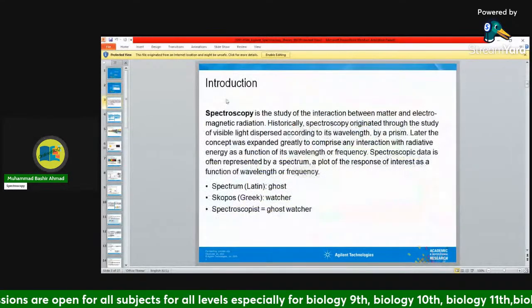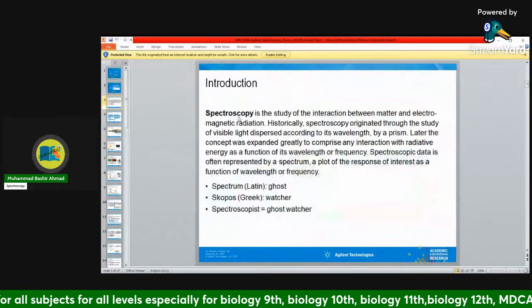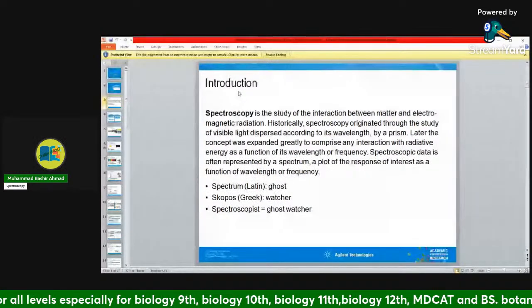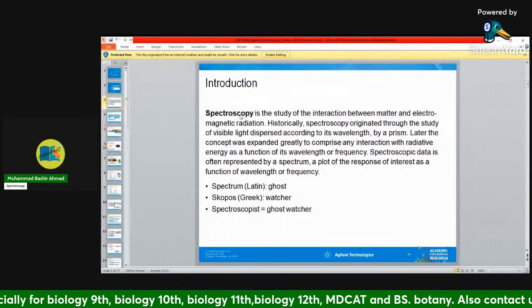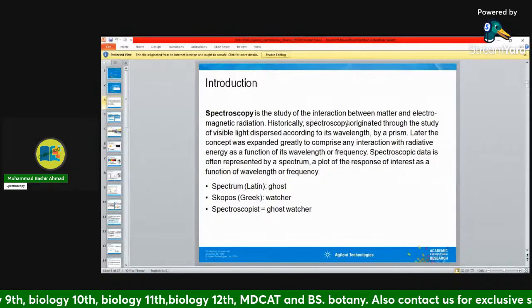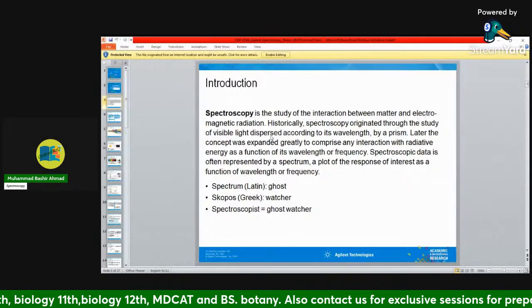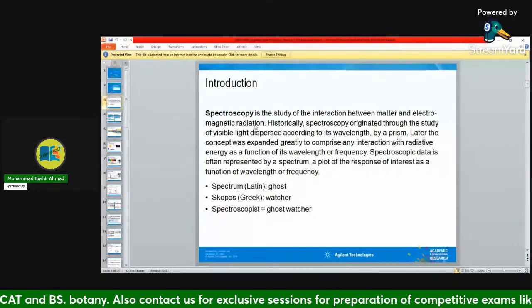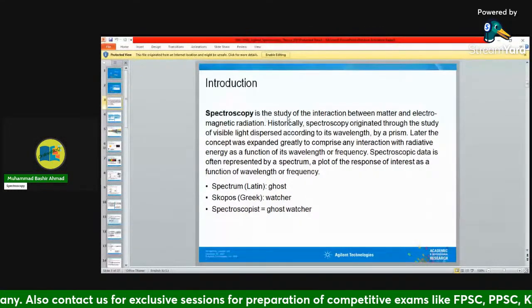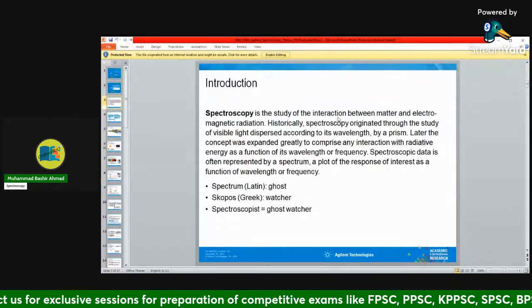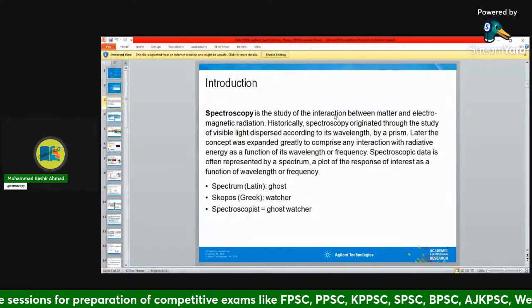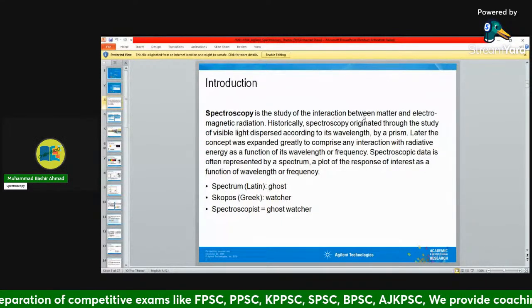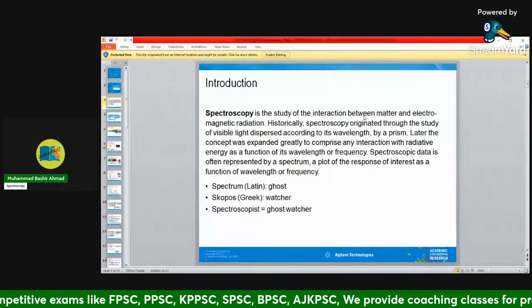When we come towards spectroscopy, first we have a brief introduction. Spectroscopy is the study of the interaction between matter and electromagnetic radiation. So, what is spectroscopy? Actually, spectroscopy is the study of the different interactions that take place between matter and electromagnetic radiation.